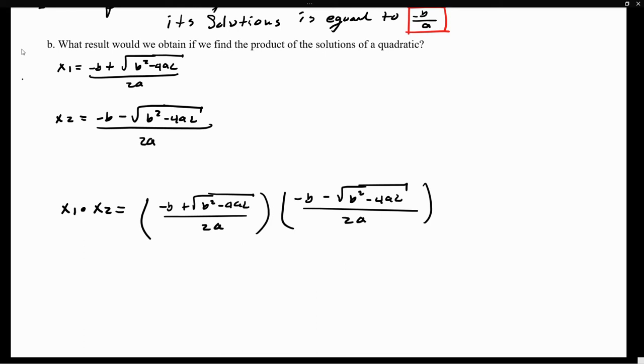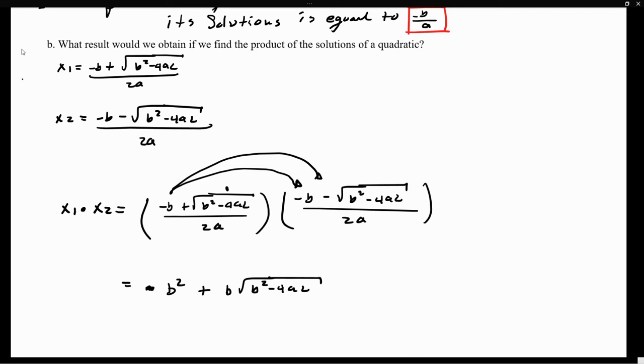Now let's multiply this, which means distributing. That's going to be equivalent to b squared. If I distribute this now, that's plus b times the square root of b squared minus 4ac.